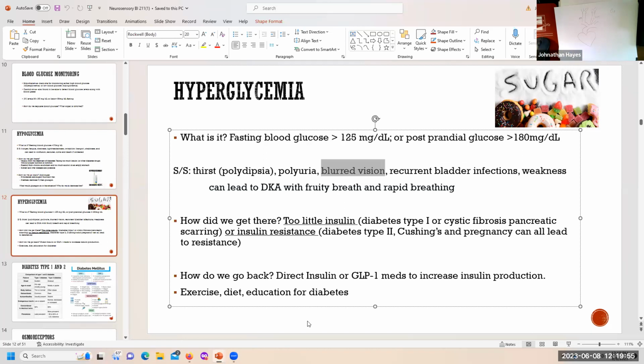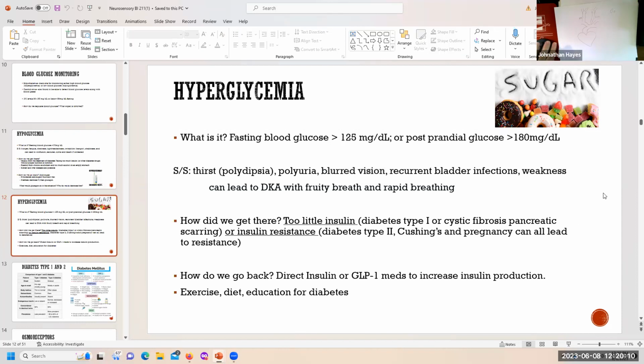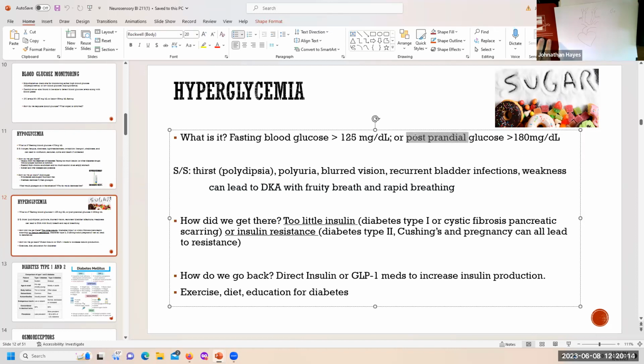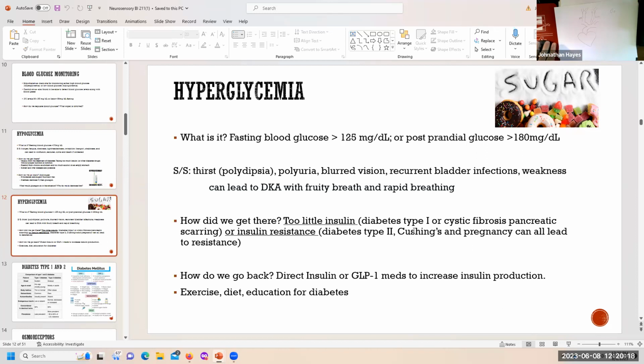If you've got a patient complaining of numbness and tingling at the bottom of the feet, they've got blurry vision and they're thirsty and peeing all the time, then absolutely the first thing you're going to do as a healthcare provider is test their blood sugar, right? And so one word that I might want to throw out at you, postprandial means after a meal, okay? So just be familiar with that.